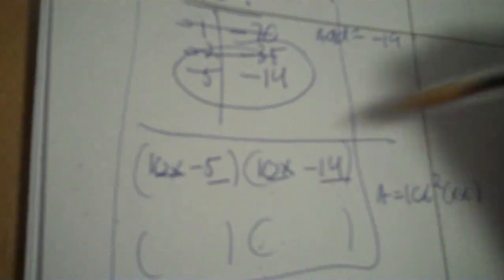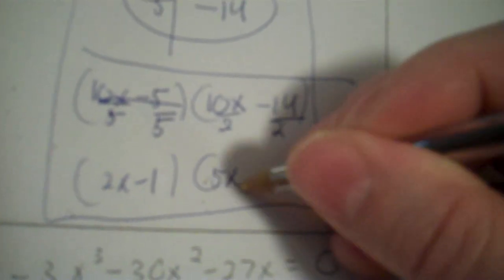Okay. Now we don't leave it like this. We need to simplify the binomial. So 10 and 5 are both divisible by 5, so you divide by 5 here, then 10 and 14 are both in the second row, so we would divide those by 2. So now we get down to 2x minus 1 and then 5x minus 7.